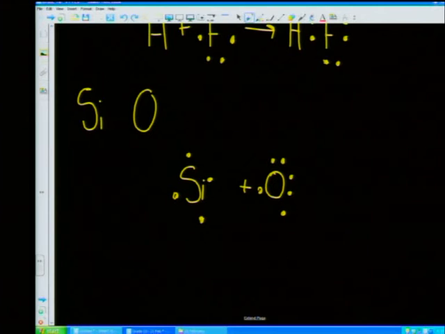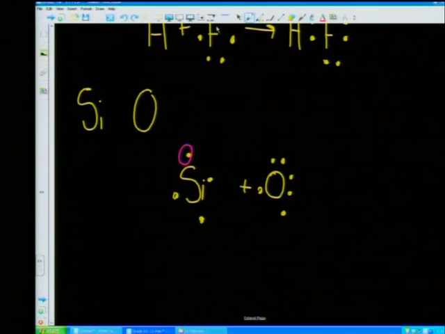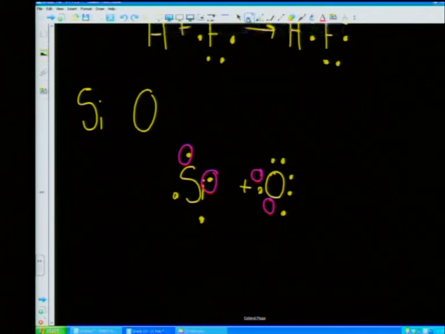Now, here is where things get interesting, because silicon isn't a metal or a non-metal. It doesn't really know what it is. It's one of those metalloid things. So we're going to consider this to be a covalent bond, but now I want you to see something. One electron can go here, and one electron can go there. Do you realize that we have a problem? There actually aren't enough electrons for the silicon, which means I need another oxygen.